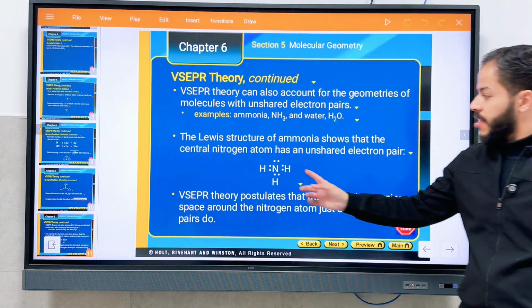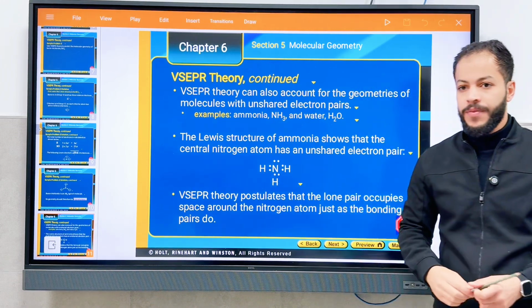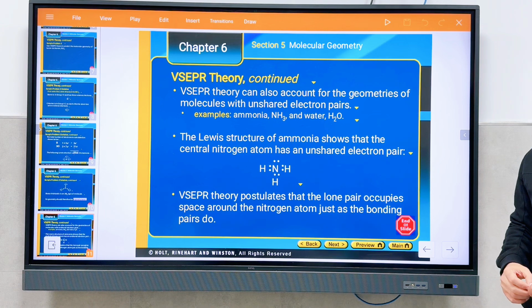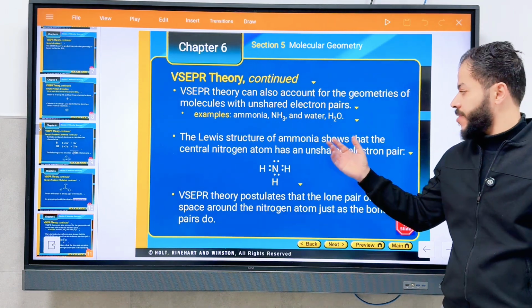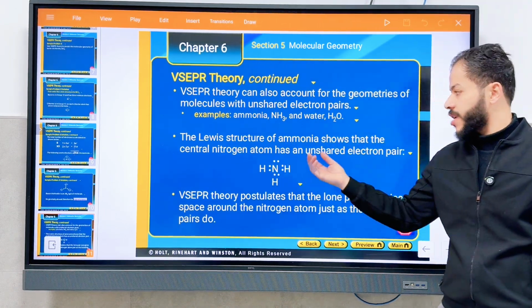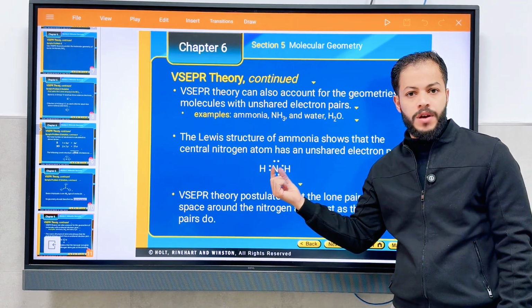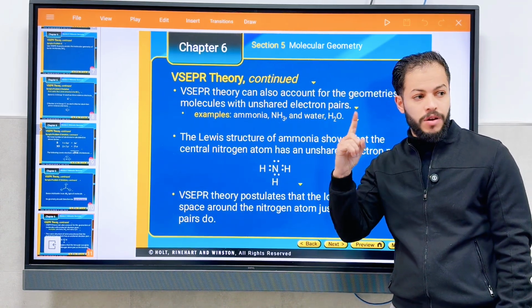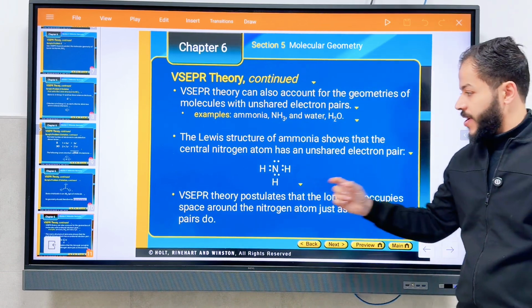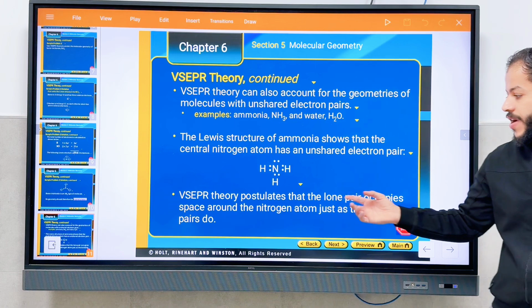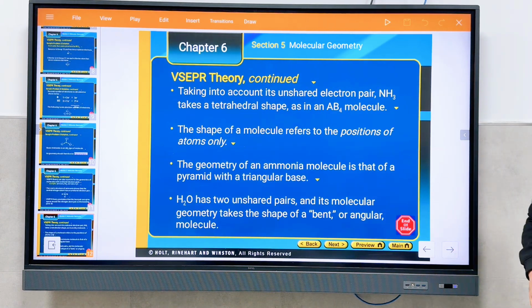First, let's see here a 3 atom molecule with a lone pair. This is called what? Ammonia. The ammonia here, guys, and the water. The Lewis structure of ammonia shows that the central nitrogen atom has an unshared electron pair. How many lone pairs? One lone pair on the nitrogen. The valence shell theory postulates that the lone pair occupies space around the nitrogen just as bonding pairs do.